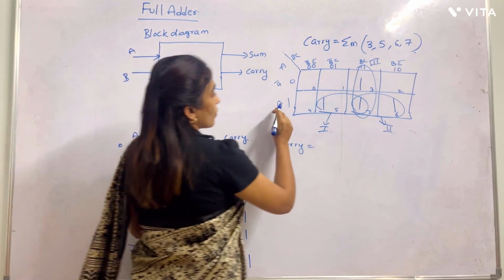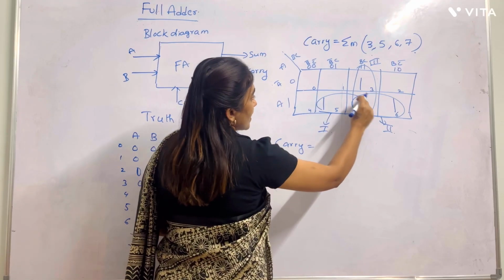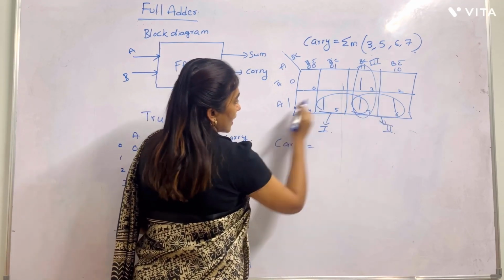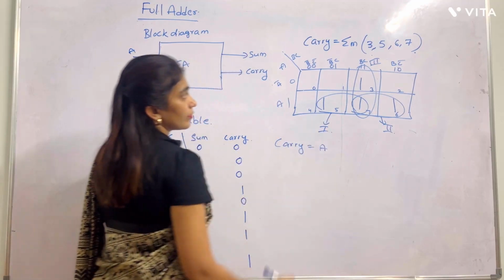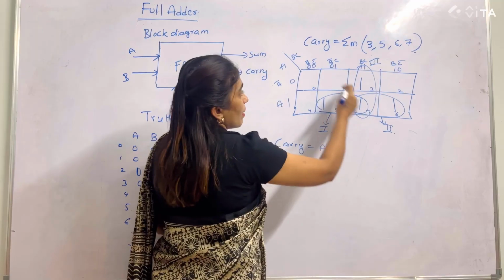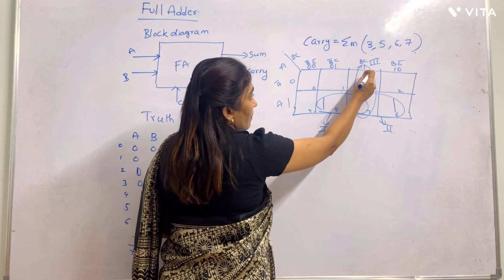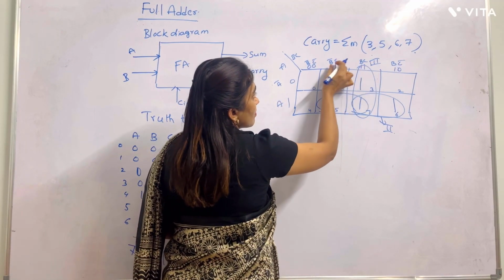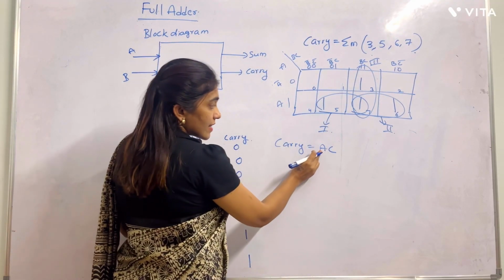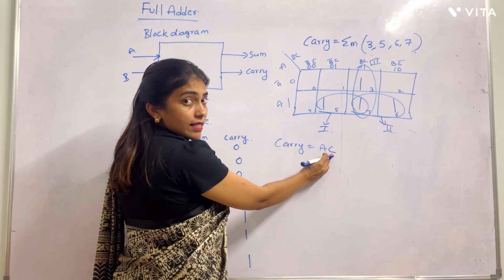This group is filling a single row, that is A. And this group is filling two columns, B bar C and BC. From these two terms, the common term is C. So from rows the answer is A, from columns the answer is C.